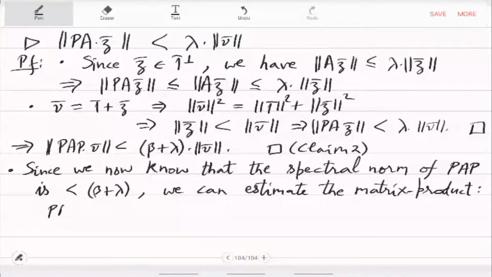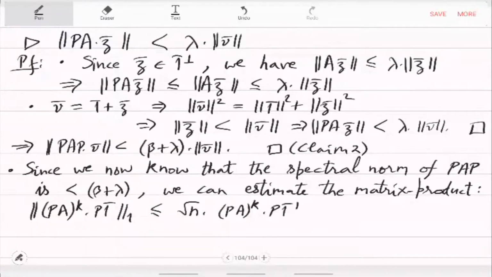So PA to the K times P1 bar, its norm relates to the length of this vector as square root n times length. Right, this is the Euclidean norm, the length of the vector, which is equal to square root n times PAP to the K times 1 bar. That's an exact equality.